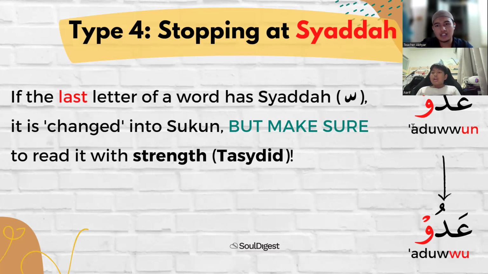For example, if it doesn't have the shadda, we just read it as adu. But if it has shadda, it becomes adu, where we merge the sound da with wa.